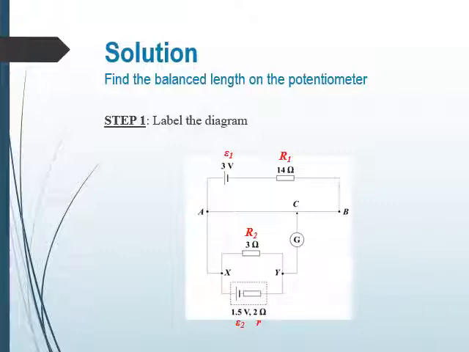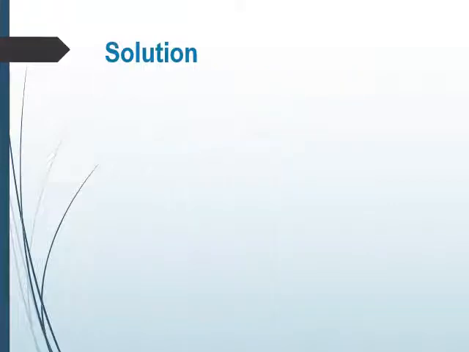So in this case, I'm going to label wire AB as RAC and RCB. In order to determine the length AC, step 2, we need to determine the value of VAC. But we cannot determine the value straight away because we don't have enough information.